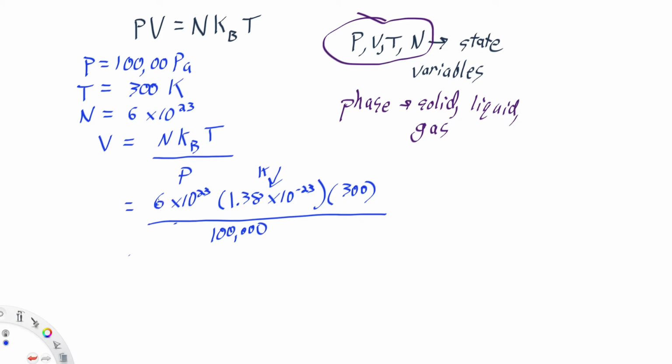All right, so we have the 10 to the 23 and 10 to the minus 23 cancel. 6 times 1.38 is approximately 9. And then 9 times 300 is about 2,700.